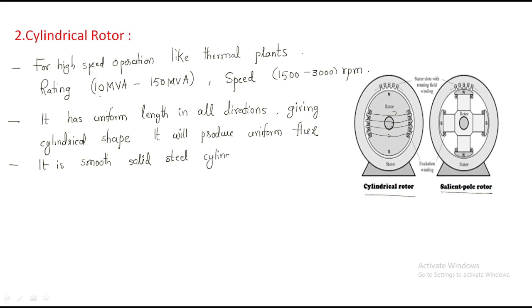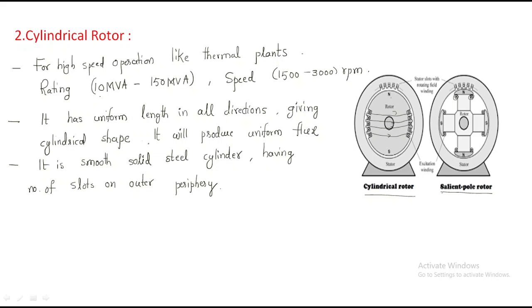All are made with the cylinder core only, having a number of slots on the outer periphery. Look at here, these slots are on the outer periphery. But what about this? The number of slots are on the inner periphery in this rotor. These are extended outward, that's why this is the outer periphery.